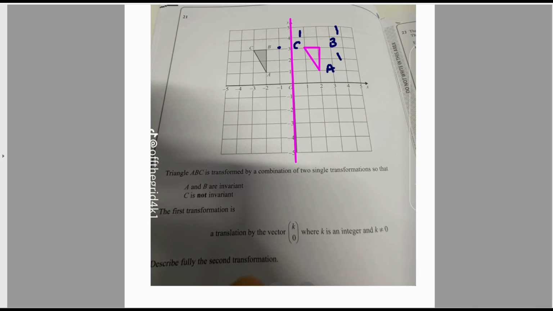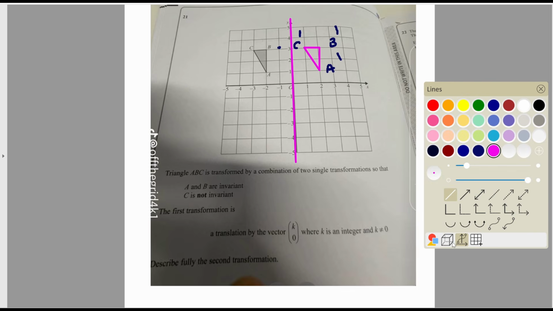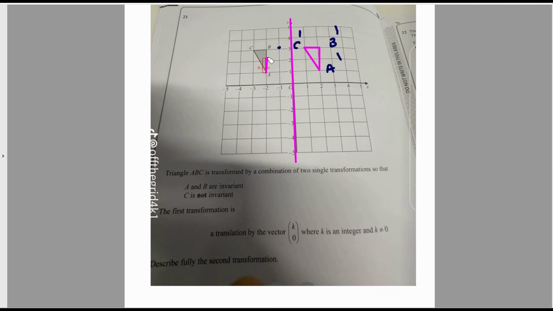So my triangle is going to be here, where A and B still have the same coordinates, and only C has changed.